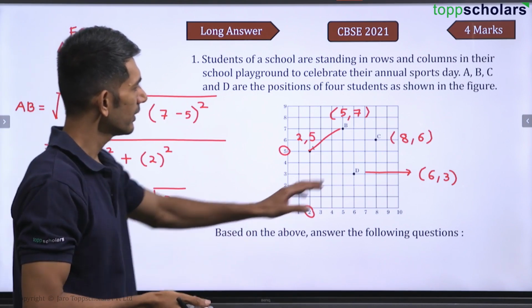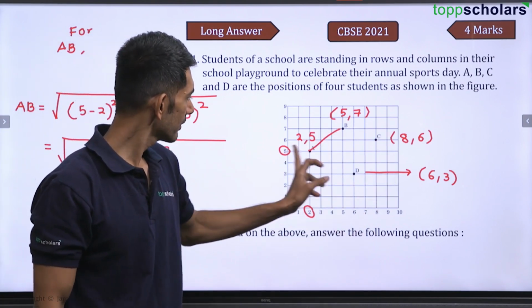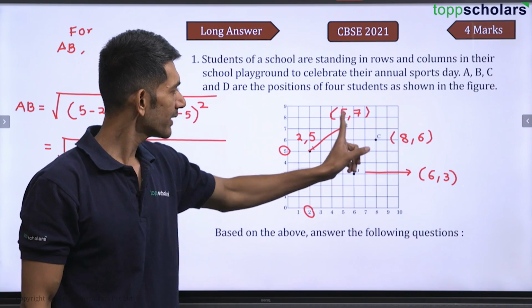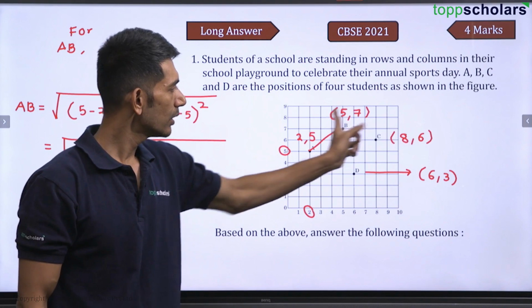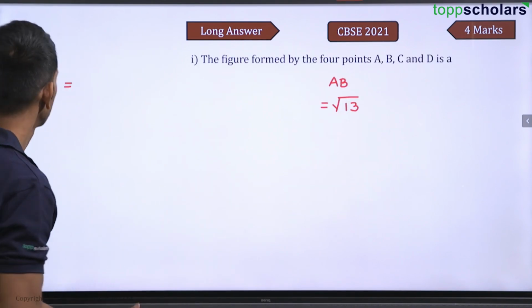Now let me find out distance BC. So BC, that is 5, 7, 8, 6. So x2 minus x1 the whole square plus y2 minus y1 the whole square, that is 8 minus 5 the whole square plus 6 minus 7 the whole square.